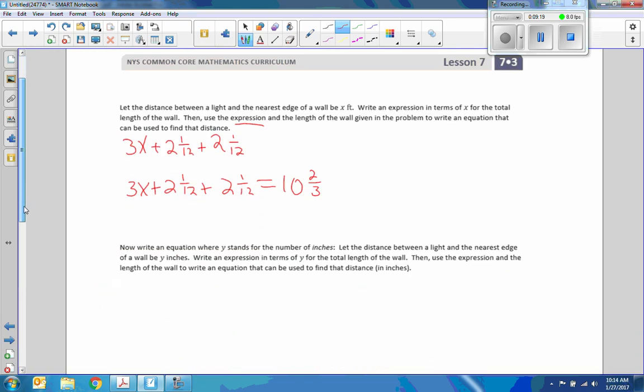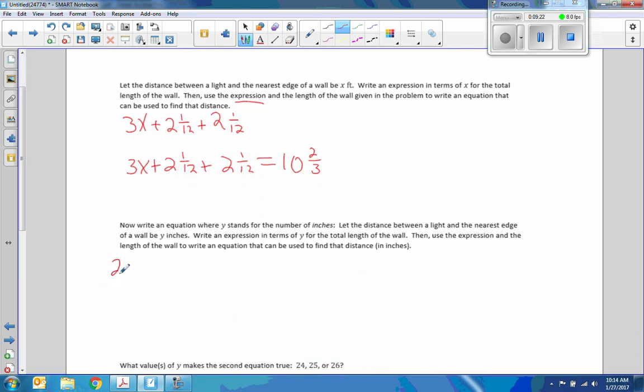So 2 1/12 feet equals 12 times 2 is 24, plus 1 is 25 inches. So now the expression is 3 areas that we're going to call y, plus 25, plus 25. Same as this, we just converted these into inches and changed x to y. That's what they asked us to do.